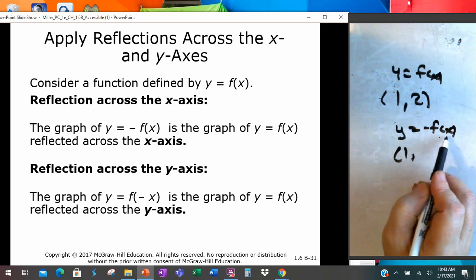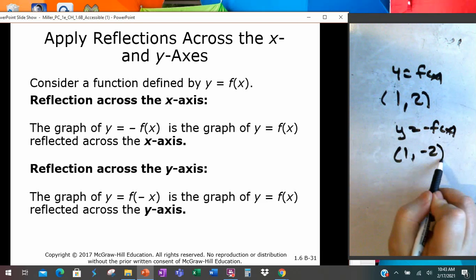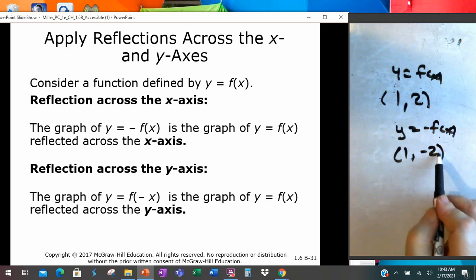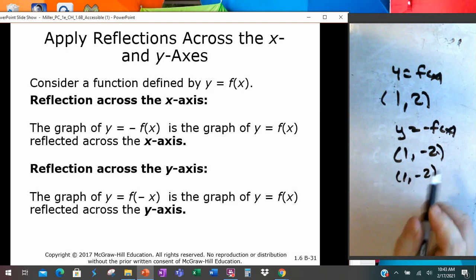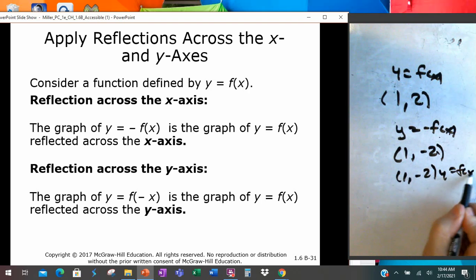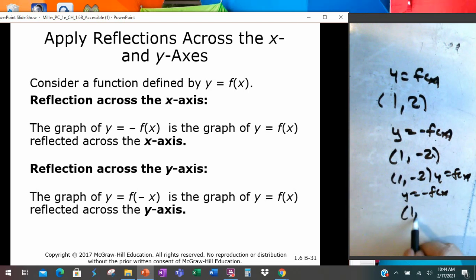It flips positive to negatives, and just flips that over.